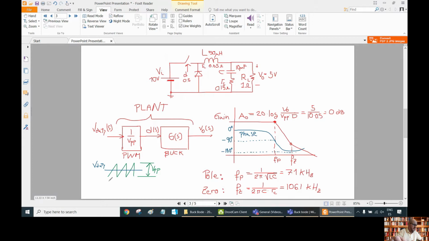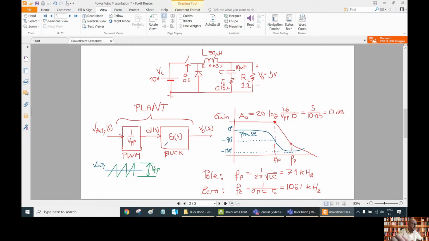Comparing this signal with a ramp, we are going to generate the duty cycle, the PWM waveform to control the switch. So we know that the response of this PWM modulator can be approximated like 1 over VPP, being VPP the peak-to-peak voltage of the ramp.